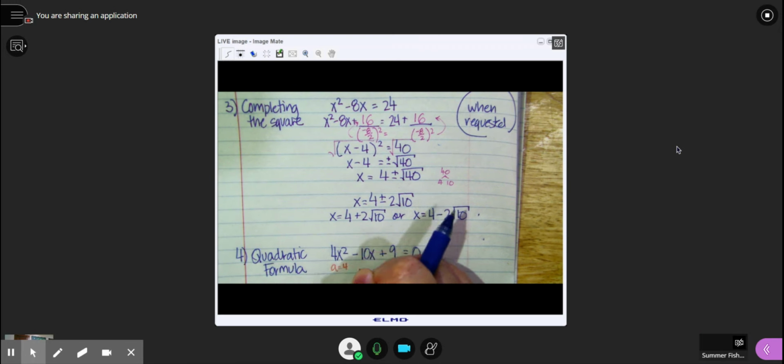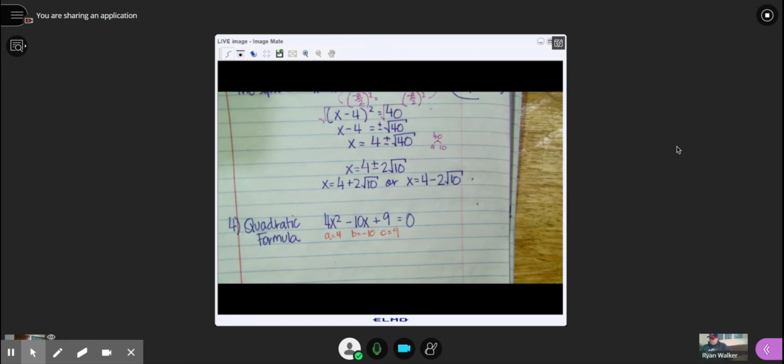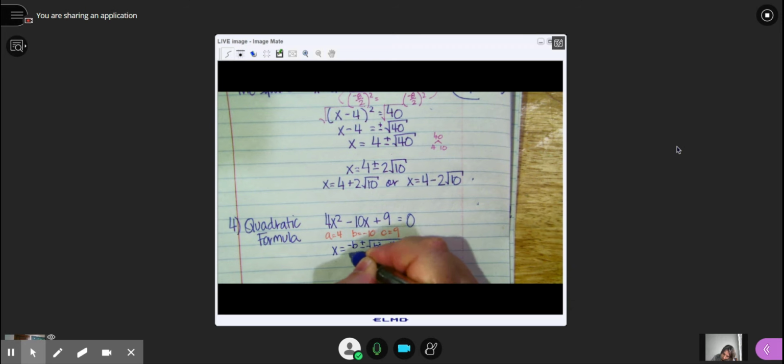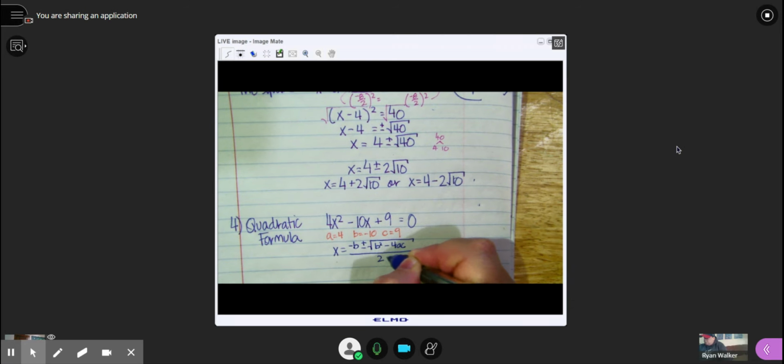A equals 4, B equals negative 10, C equals 9. So x equals the opposite of b plus or minus the square root of b squared minus 4ac all over 2a.